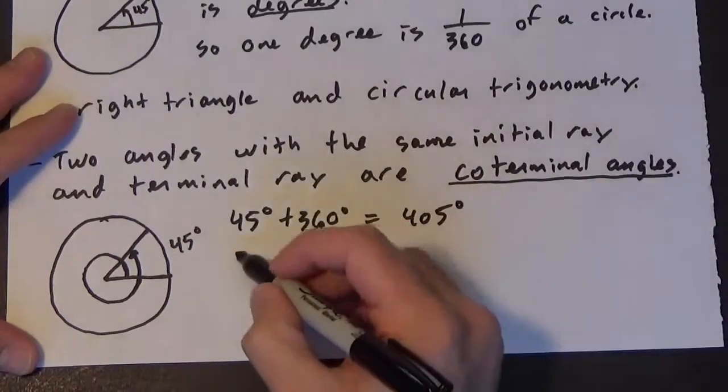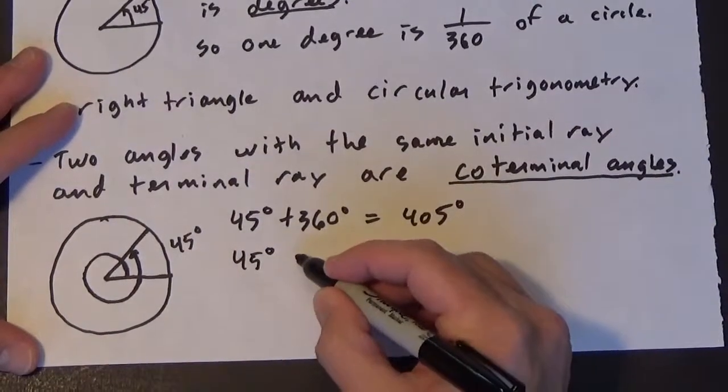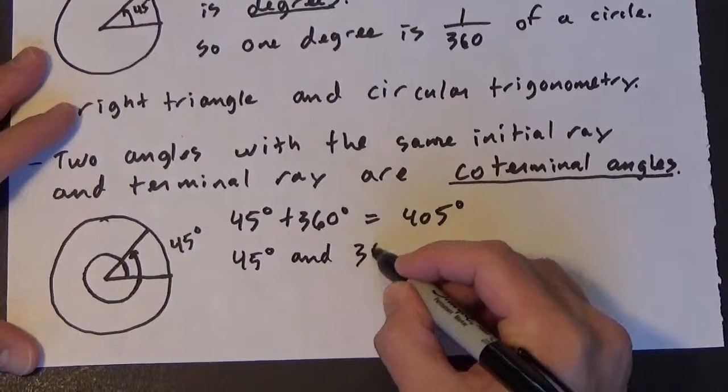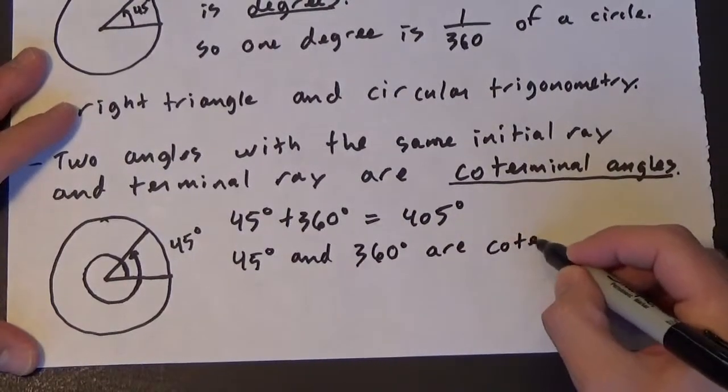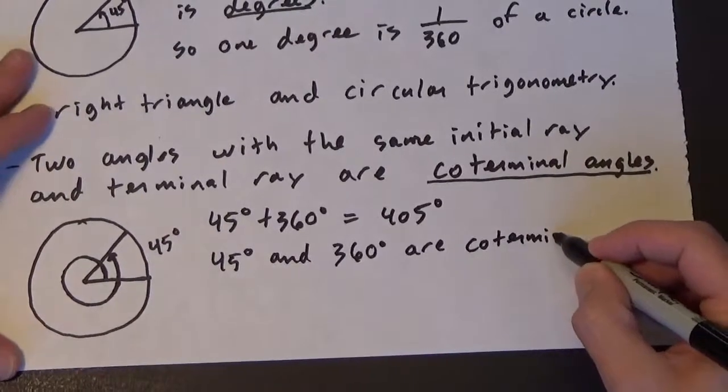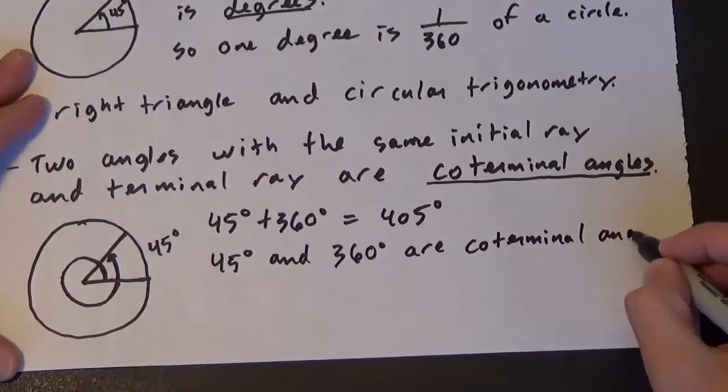So this means that 45 degrees and 405 degrees are coterminal angles.